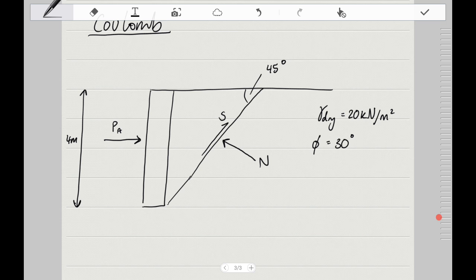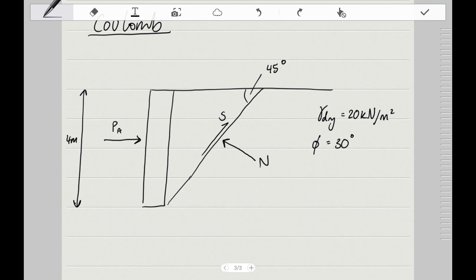Usually gamma is kilonewton per meter cube, but you can think of it as kilonewton per meter squared per meter width into the page. So that's why we have gamma per meter squared. And your phi, your friction angle, is 30 degrees. Find the force PA using a limit equilibrium approach.